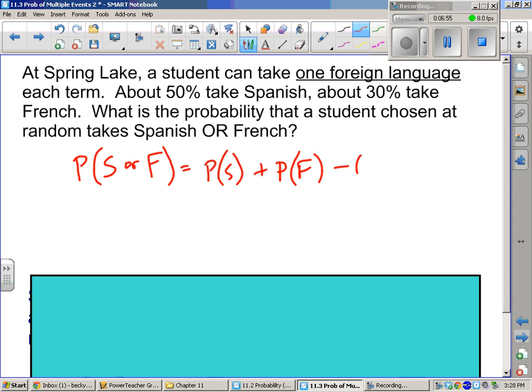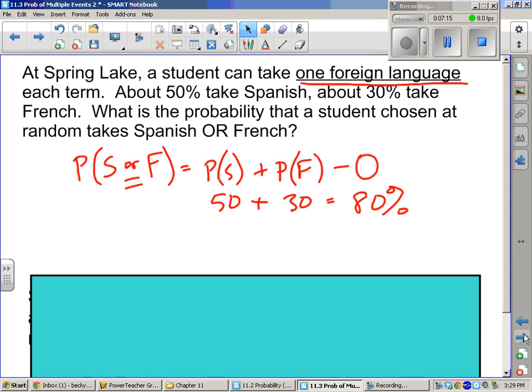But I don't think there can be an overlap because it's underlined up there: we can only take one foreign language at a time. So that would be 50% plus 30%, so 80%. So that means if you pick a random student, there's an 80% chance that they are either in Spanish or French.